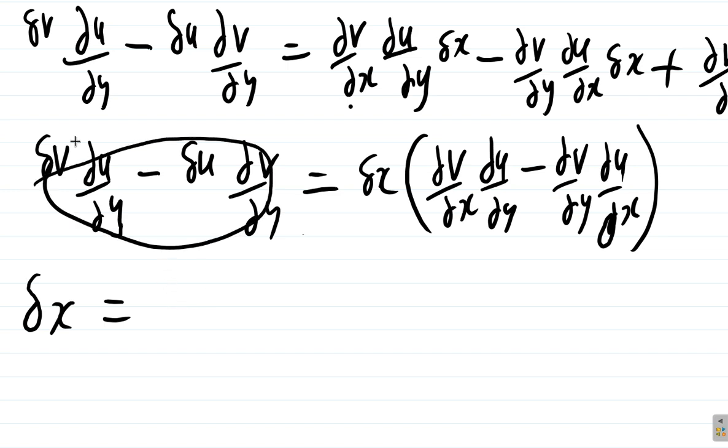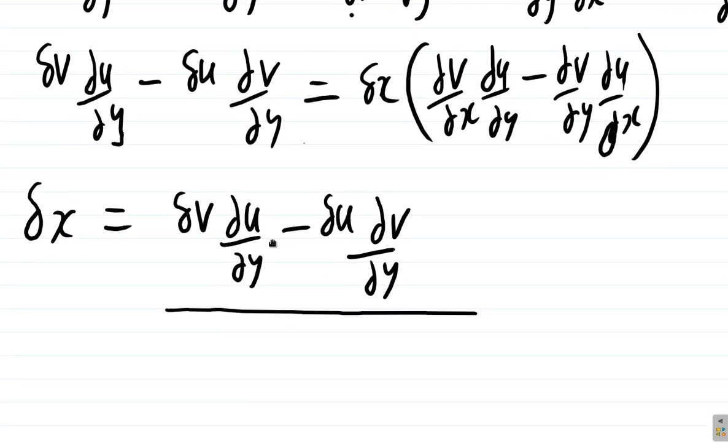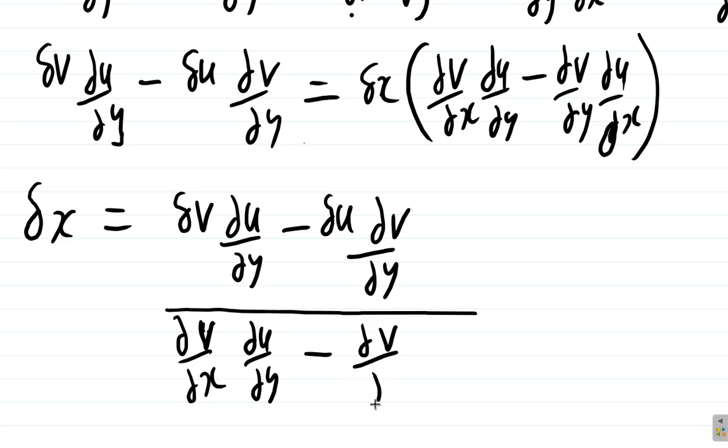It's going to be this, which is change in v, delta u by delta y, minus small change in u, delta v by delta y, all over what now? Going to be delta v by delta x, delta u by delta y minus delta v by delta y, delta u by delta x.